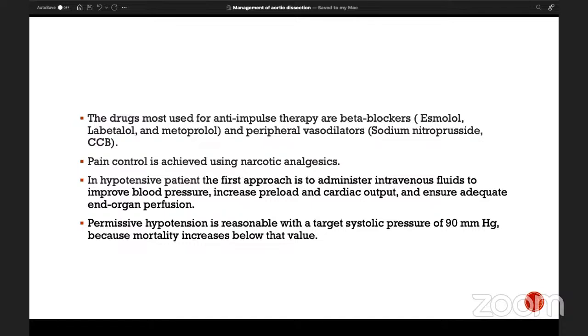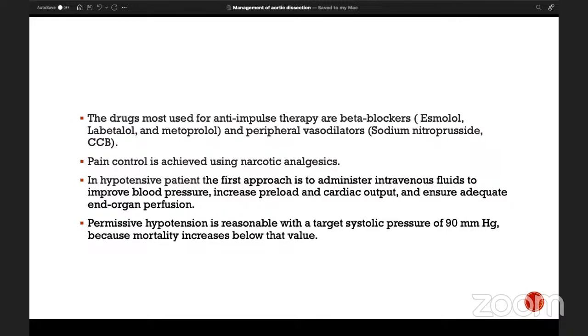In case of a patient presenting with hypotension, the first approach is to resuscitate him with fluid, improve the blood pressure, and accept a systolic blood pressure around 90, which is what's called permissive hypotension.